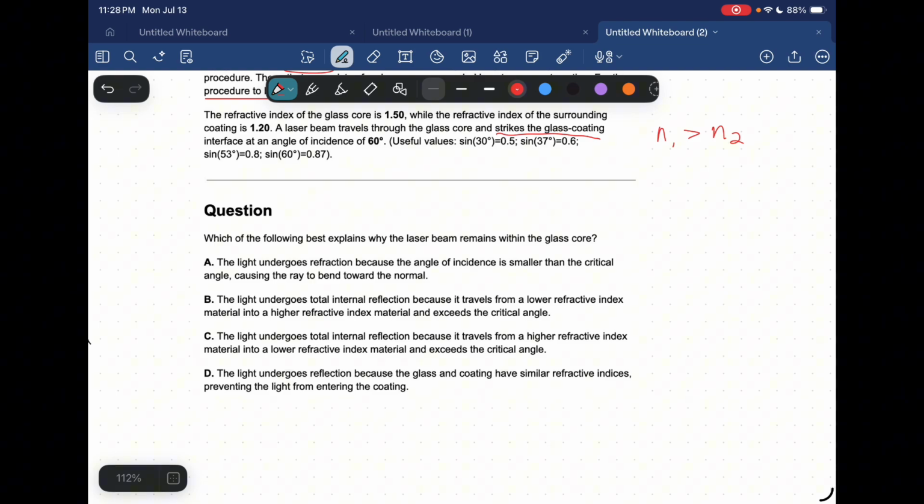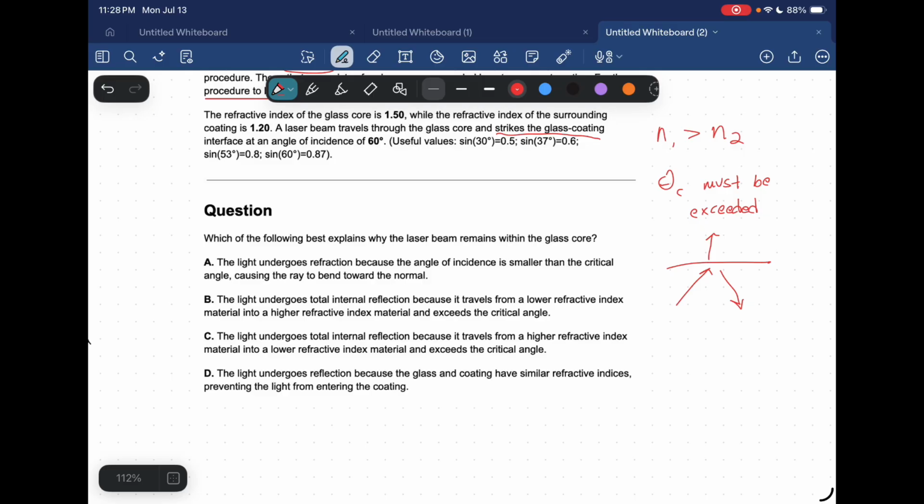And the second criteria is that the critical angle must be exceeded. And when that happens, let's say this is the interface, you have reflection instead of refraction. Okay, so let's look at the answer choices line by line with this framework in mind.